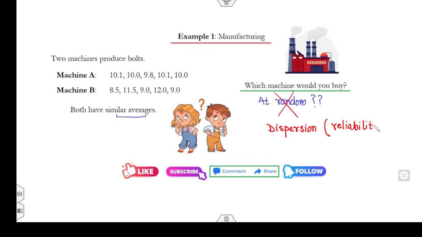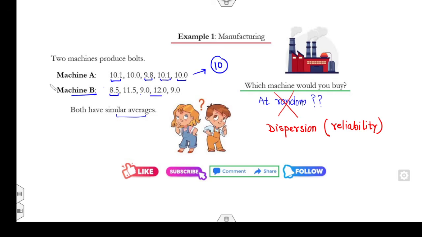So how can you check that reliability? Clearly, if you look at this diagram, the average of the machine is 10 and all the other numbers are very near to 10. While in the case of machine B, 8.5 is very far away from 10 compared to 9.8, 10.1 and so on.